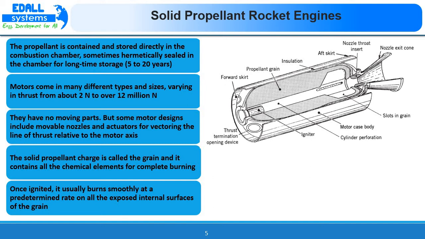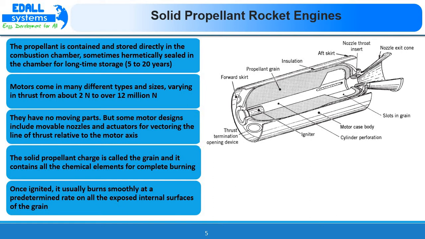It just has an igniter, the propellant grain, which is stored inside the combustion chamber, and some control valves or flanges, perforations, etc. But some motor designs include movable nozzles and actuators for vectoring the line of thrust relative to the motor axis. So we can achieve this thrust vectoring, or modify the thrust, using the thrust vector control devices which are present. To achieve that, there are some other devices which are included with the solid motor rocket engine design.